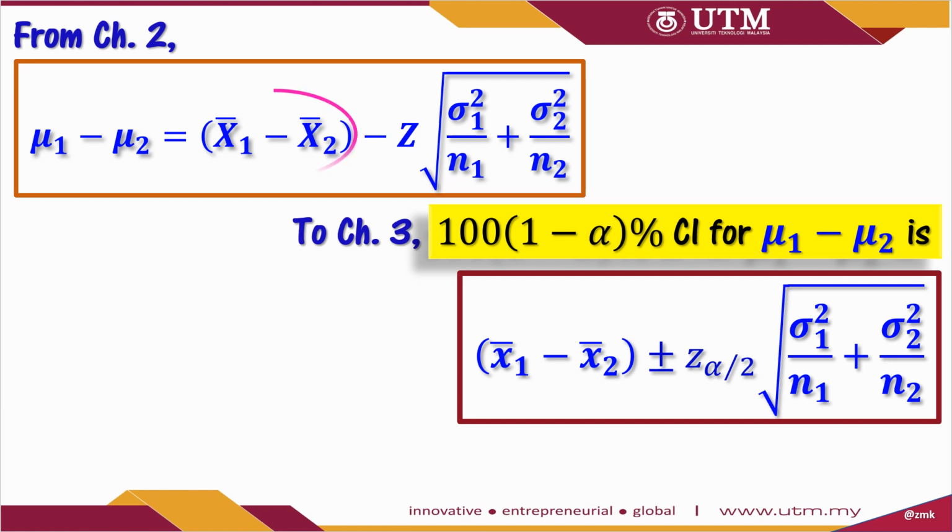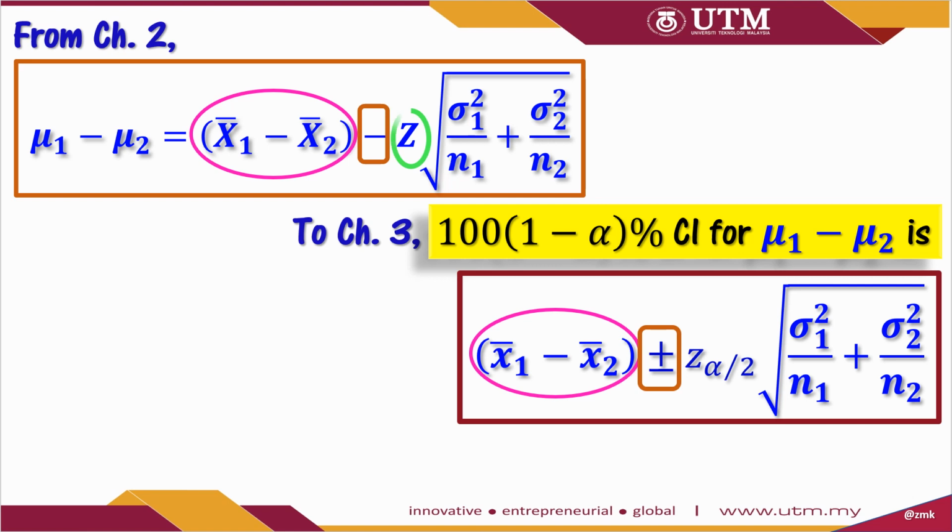Notice that the difference between the sample means random variable now becomes the value of the difference between two sample means, which is the difference between the point estimates of mu1 and mu2 given by x bar 1 and x bar 2 respectively. The minus sign now changes to the plus and minus sign as we have a two-sided confidence interval based on the Z distribution, which is centered at 0.